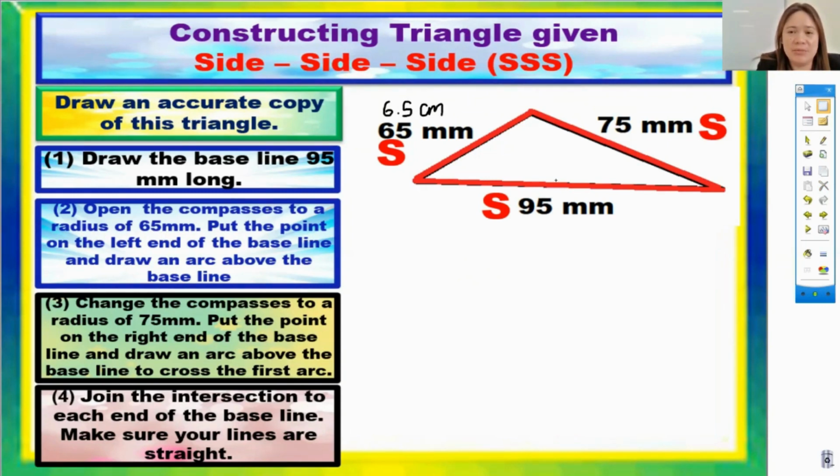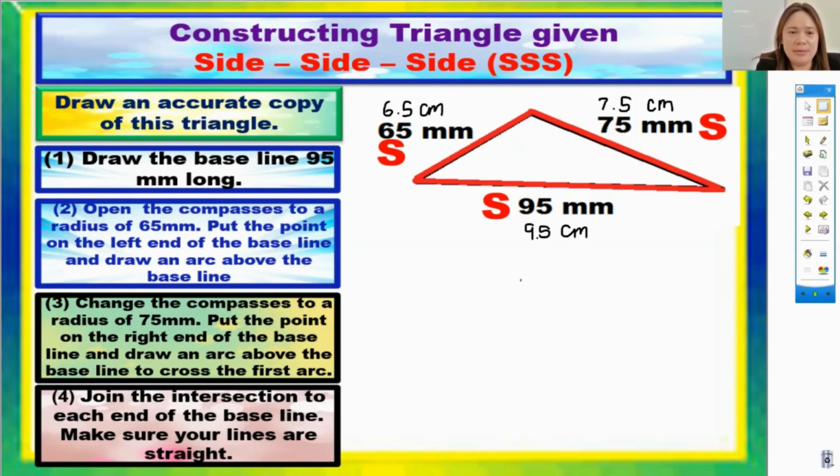And this one also, you can use it as 7.5 centimeters, since 1 centimeter is equal to 10 mm. So dividing 75 by 10, you will get 7.5. And dividing 95 by 10, you will get 9.5 centimeters. But make sure you label your accurate triangle later with the correct unit, which is 65 mm, 75 mm, and 95 mm.